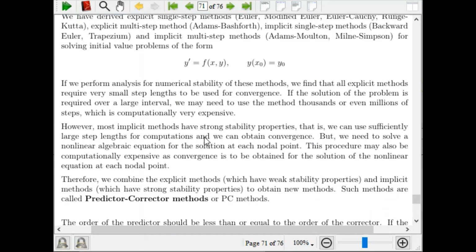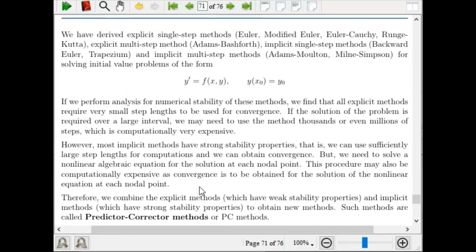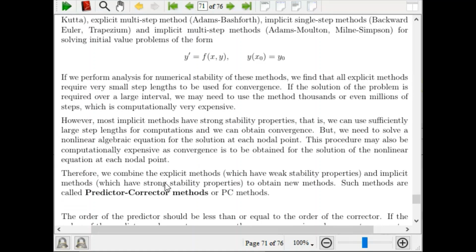When you read what we have here, what we are saying is the explicit schemes have weak stability properties, and the implicit schemes have strong stability properties. But when you want to use only the implicit scheme, you may have to do a series of iterations before you get to your solution.